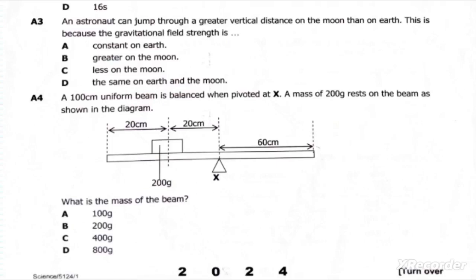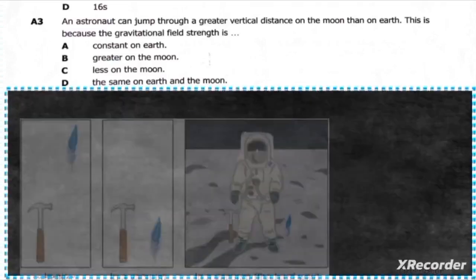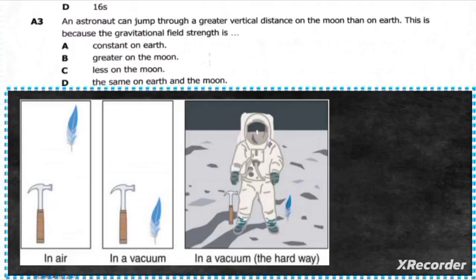Because of this, a person can fall from a greater vertical distance without having injuries, because there is less gravitational acceleration on the moon. So we are going to say less gravitational acceleration on the moon.